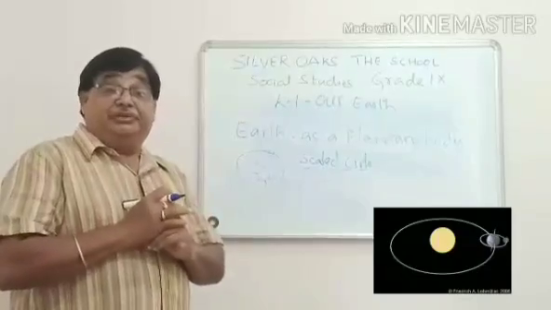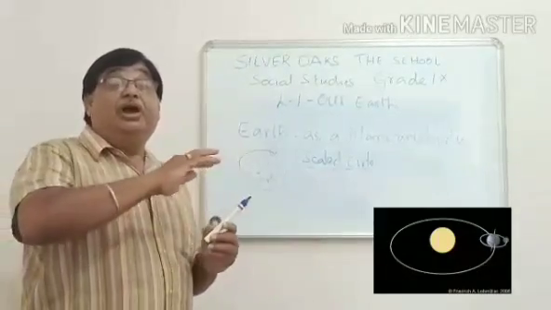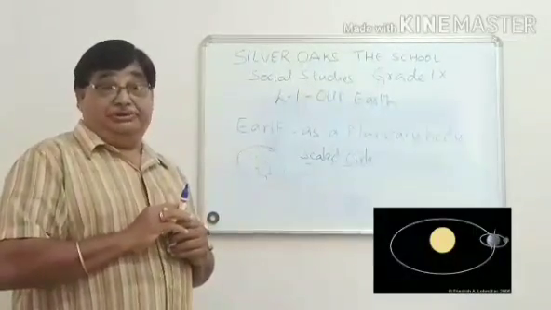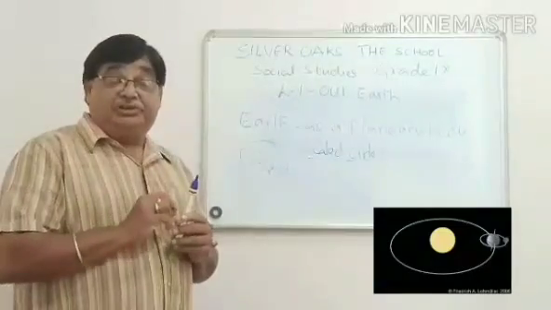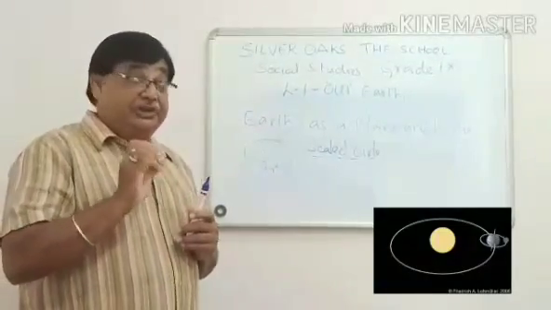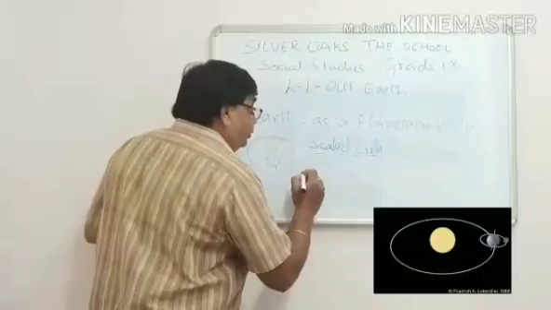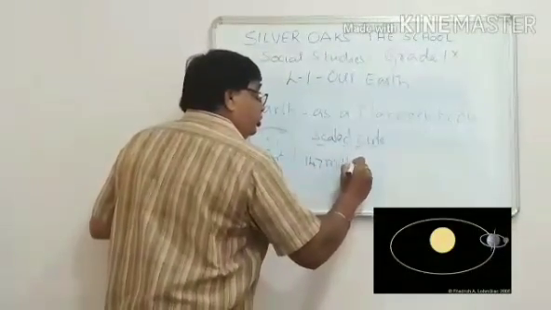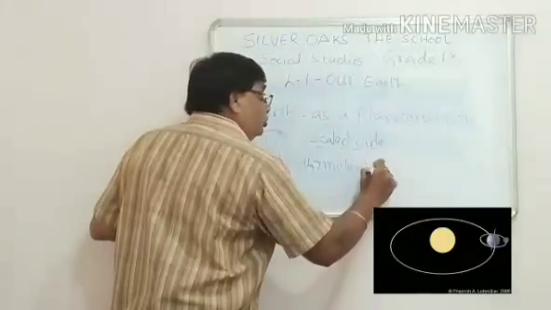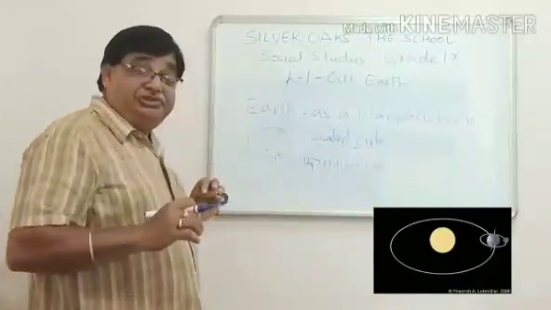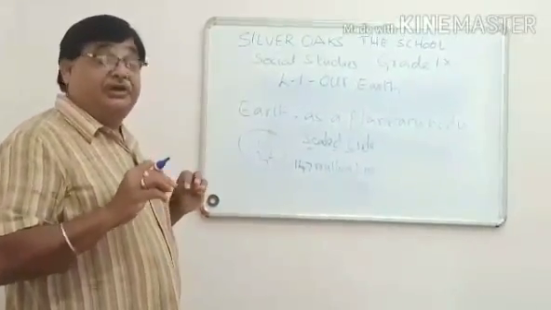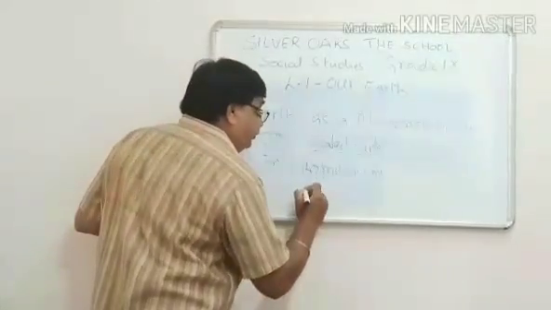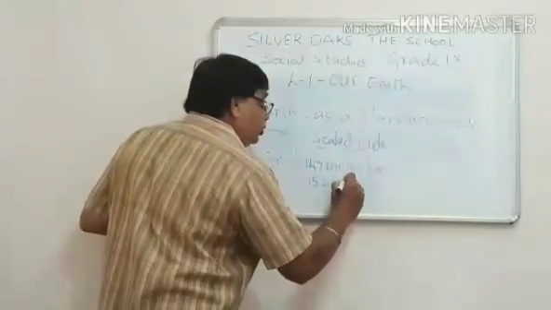At certain other times the Sun will be far away from the orbit. The shortest distance between Sun and Earth is about 147 million kilometers, and the farthest distance between the Earth and the Sun is 152 million kilometers.